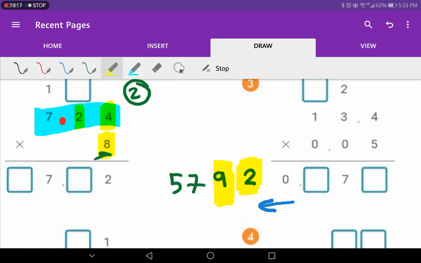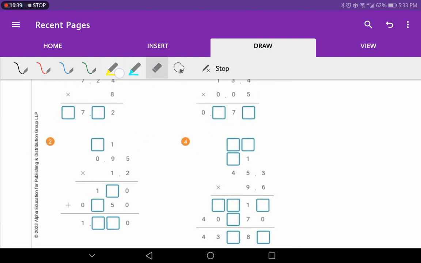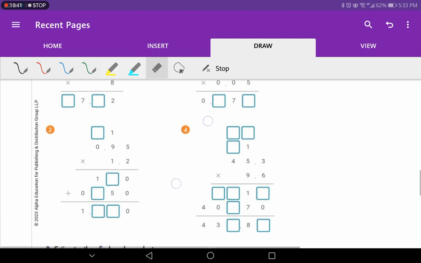I have to keep them at the right of the decimal point. Okay, my dear students, so what we have to write here is 57.92. Okay, my dear student, I hope you are happy with that and you get the full understanding.